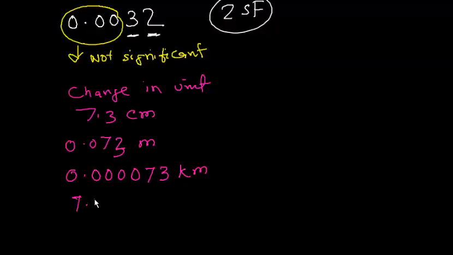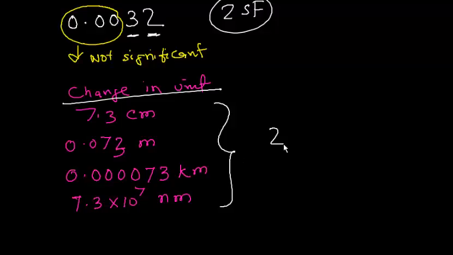And I can also write it as 7.3 into 10 raised to the power 7 nanometer. Well, the unit is not significant. In all the cases you have only two significant figures.